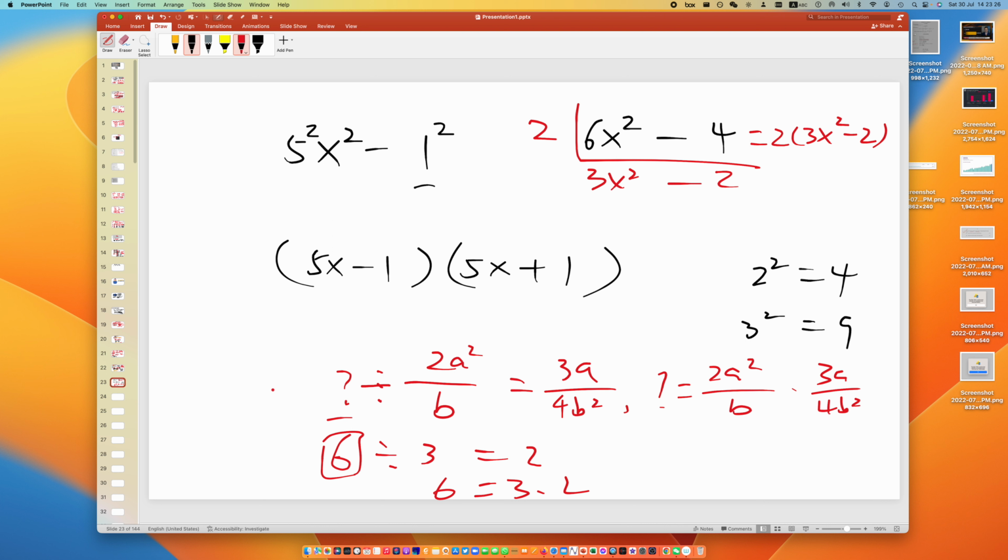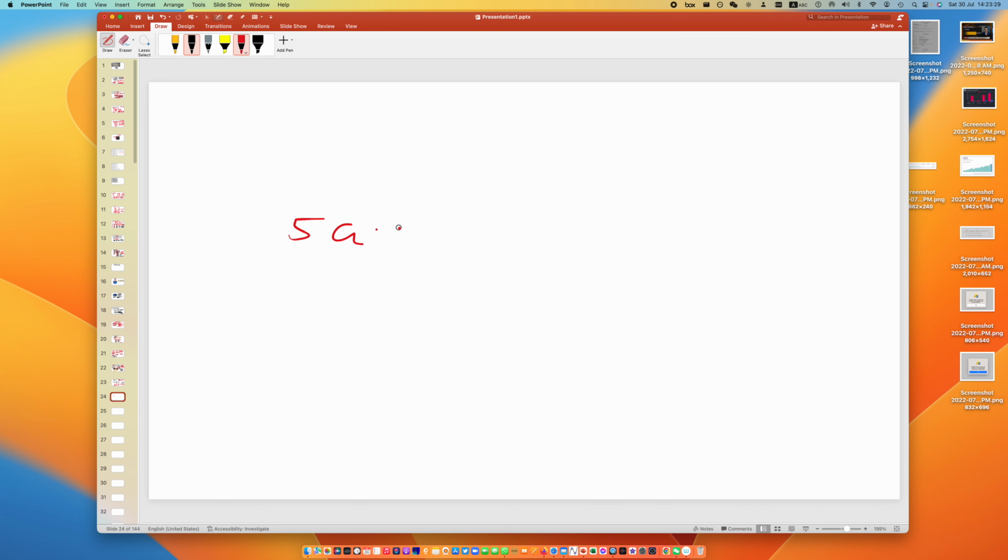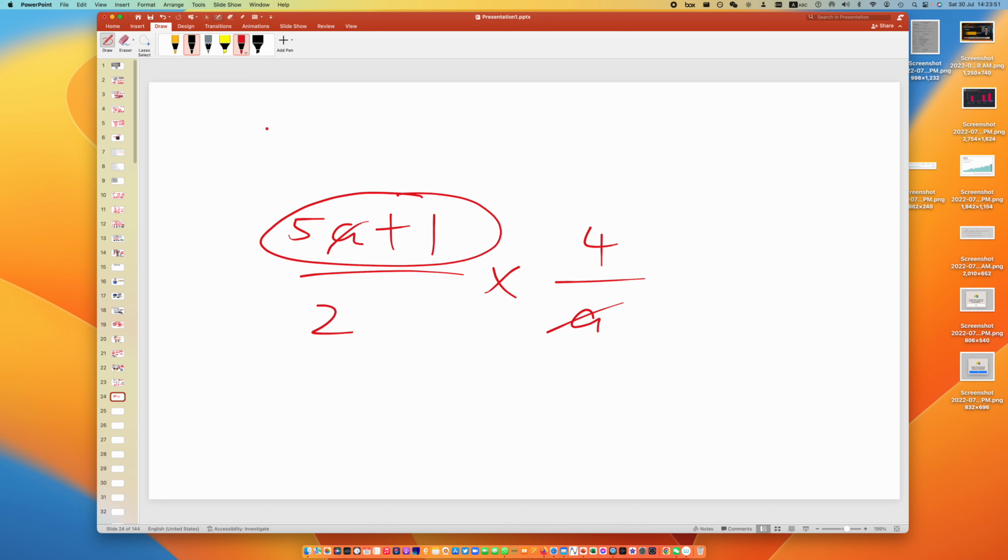And I remember you made a fatal mistake the other time. Can you cancel the A? Why not? The 5a plus 1 is one term. You cannot split the 5a and plus 1. They are together. Therefore, you cannot cancel the A. The only way for you to cancel in this case is the 4: you split to 2 times 2.